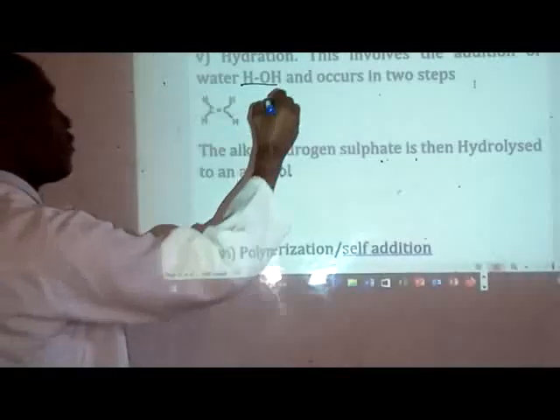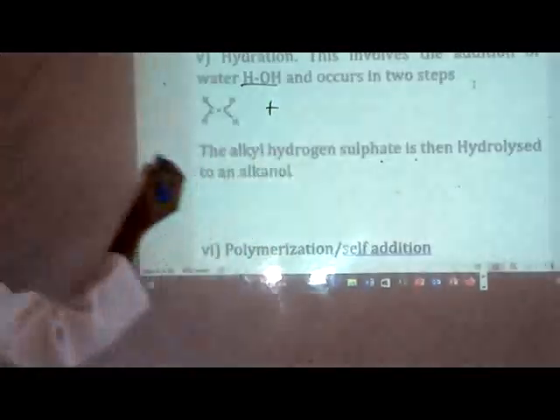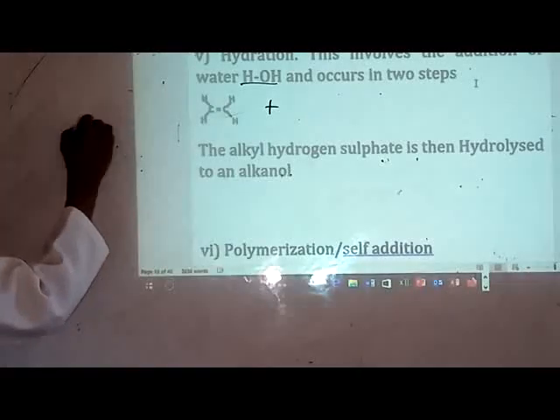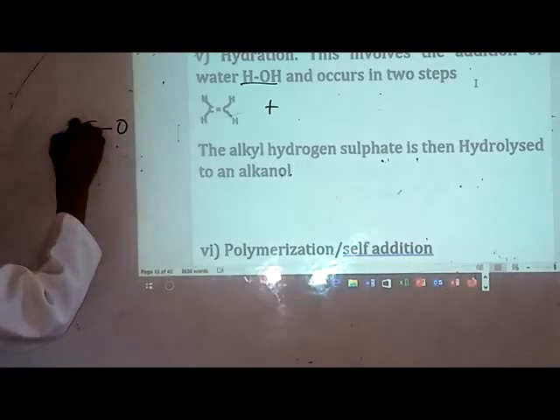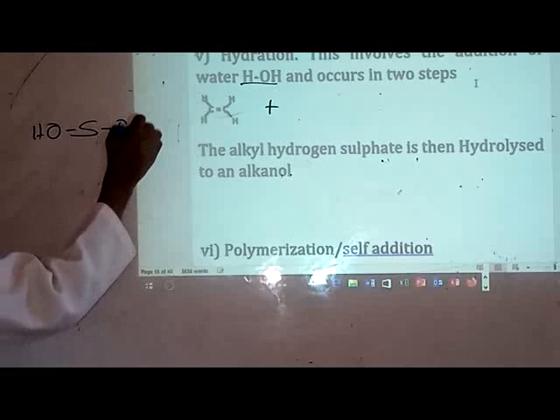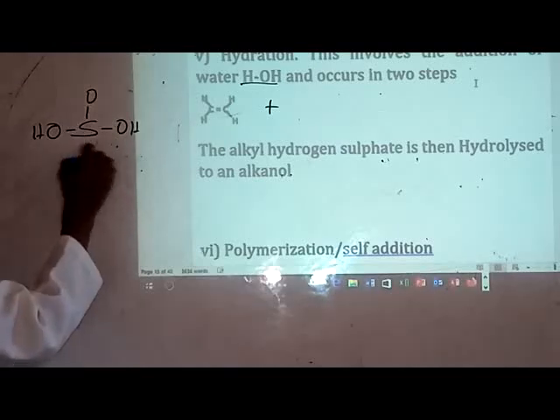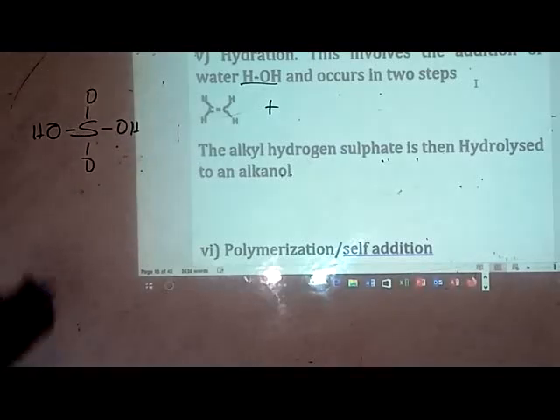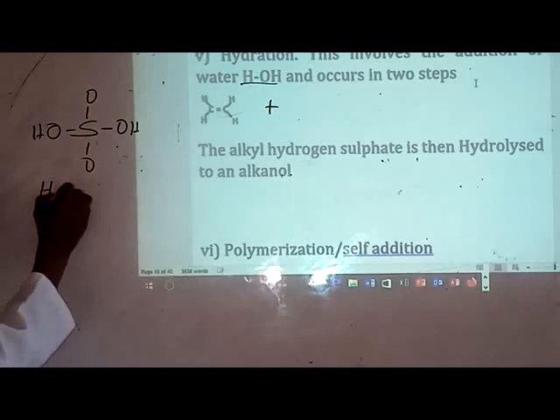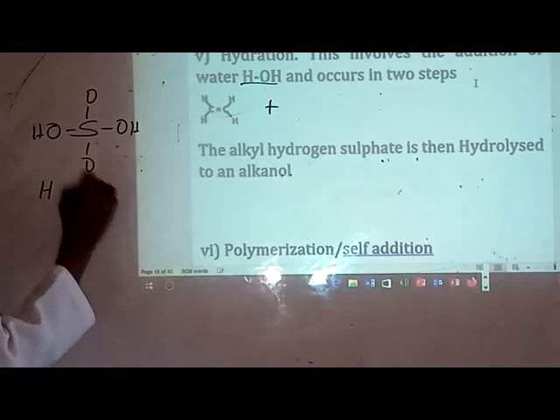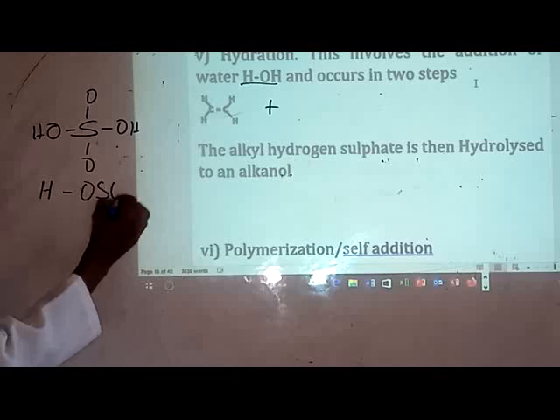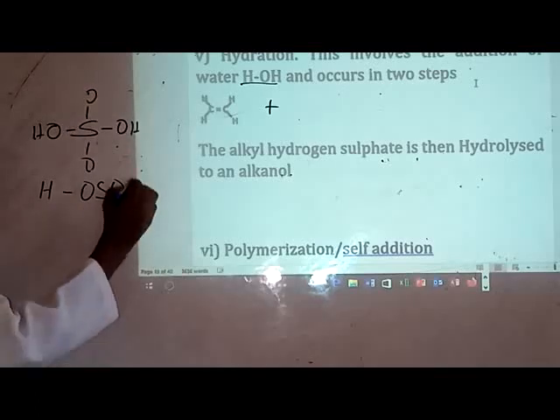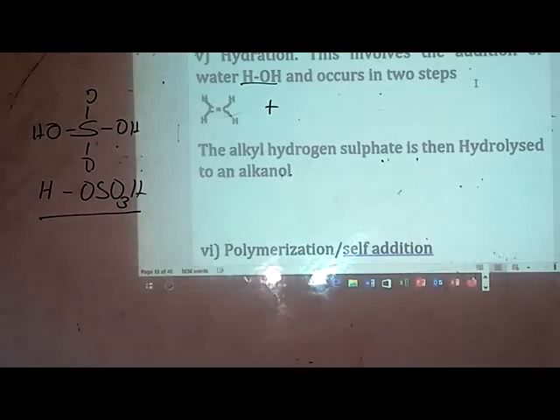So let me start with the alkene, and I'll represent concentrated sulfuric acid like this. Sulfur, okay, this is an erroneous way of representing sulfuric acid. Now I will take this O, S, O 1 2 3 H. I will represent it like that.